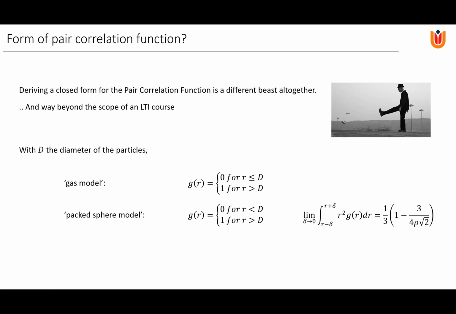Some increased probability, with this magnitude at exactly the diameter, and then after that constant again for the larger separations. And then the final, more sophisticated pair correlation function that is often used is the so-called Percus-Yevick analytical solution for hard spheres. That I will show you in the next slide.